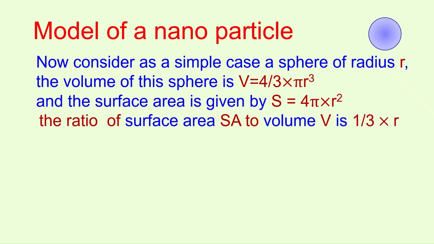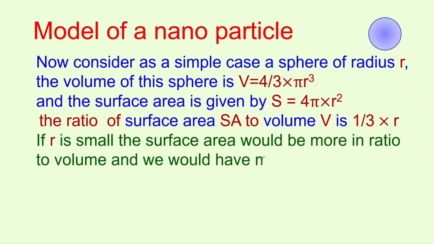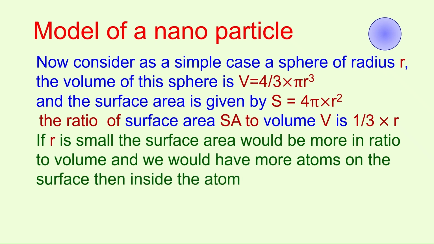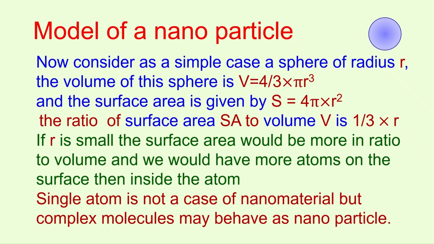The ratio of surface area S to volume V is 3/r. If r is small, the surface area would be more in ratio to volume, and we would have more atoms on the surface than inside the atom. Single atom is not a case of nanomaterial, but complex molecules may behave as nanoparticle because of multi-atoms.